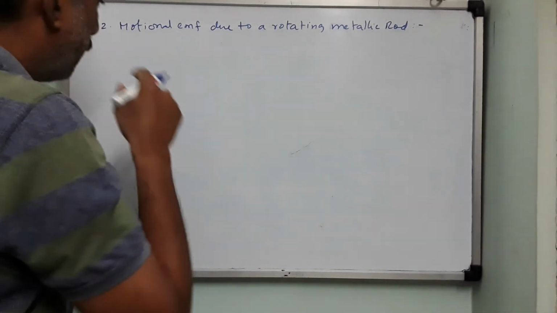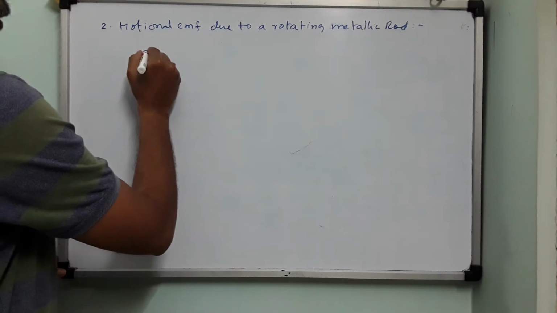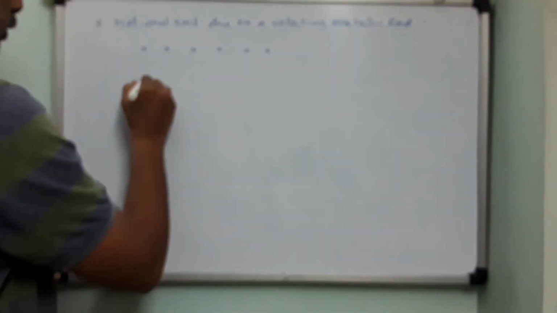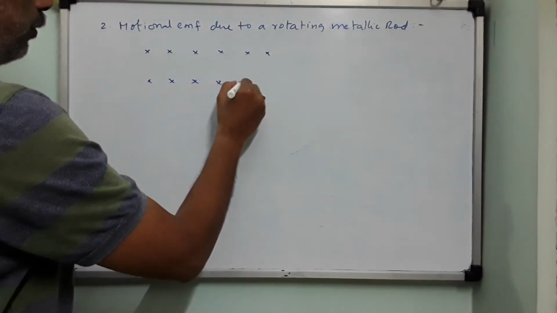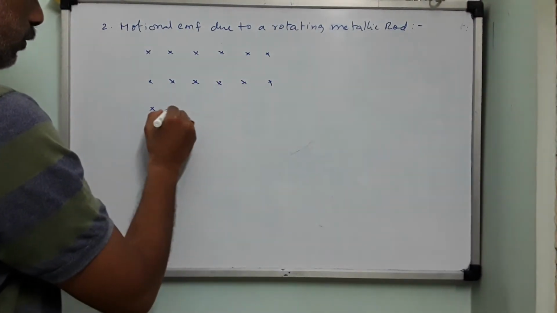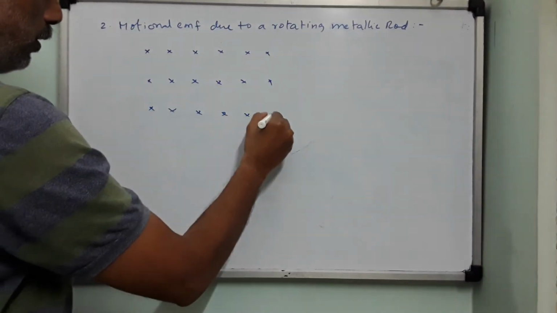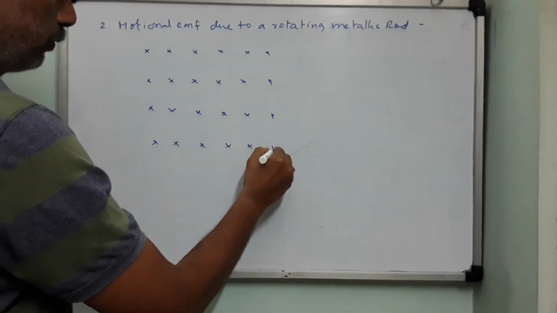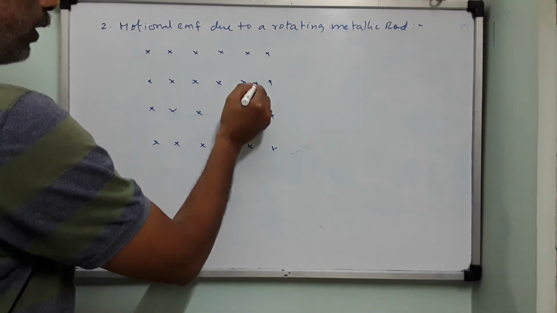Now what do I do? Again I will imagine a uniform magnetic field here, like this. Now I have a circular metal ring here.